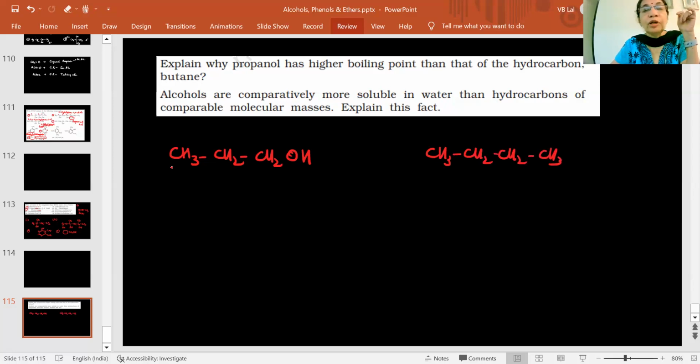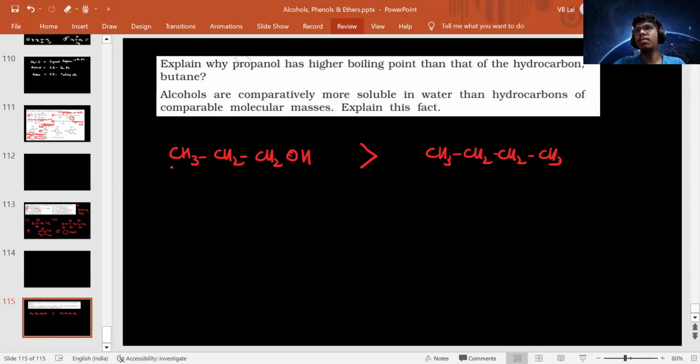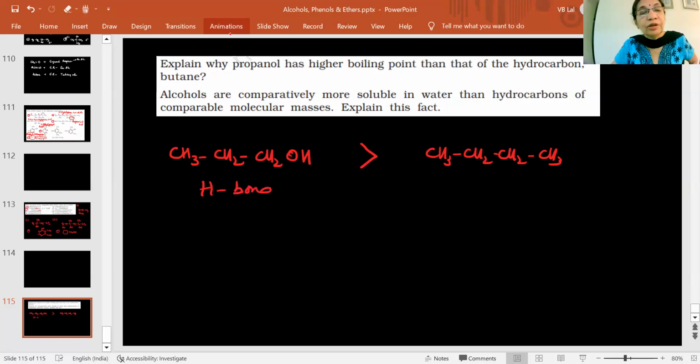Which has the higher boiling point? Propanol, although it has only 3 carbon atoms, has a higher boiling point than butane. It has the alcohol functional group, ma'am. Saying alcohol functional group is not enough. Yes, because of hydrogen bonding. You just have to mention hydrogen bonding. So due to hydrogen bonding, alcohols have a higher boiling point than alkanes.